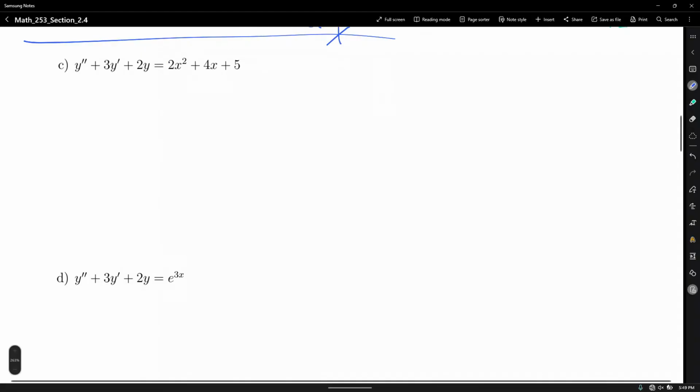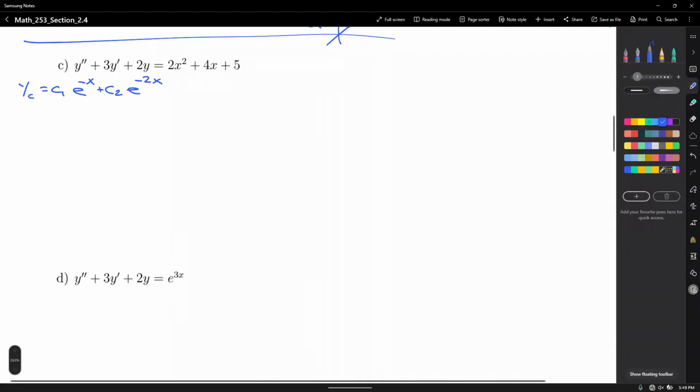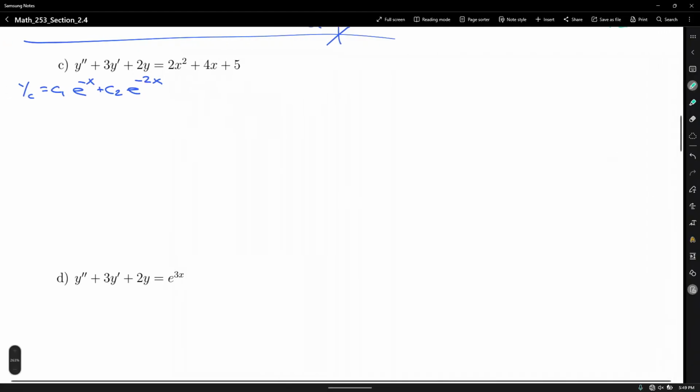So what do we have? Again, y sub c equals c1 e to the negative x plus c2 e to the negative 2x. Because of the space I'm going to use for this big problem, I'm going to write the guess of y sub p just below this function here. That is y sub p.